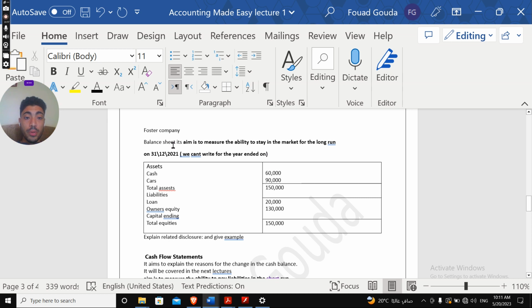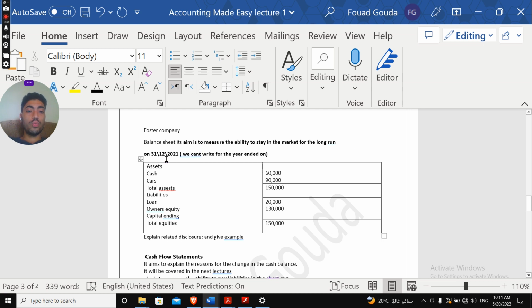So for our company, that's called the balance sheet. The balance sheet is made on a specific day, not over the whole year. It aims to measure the ability to stay in the market for the long run. Am I able to stay in that market, or should I liquidate and go to another business?